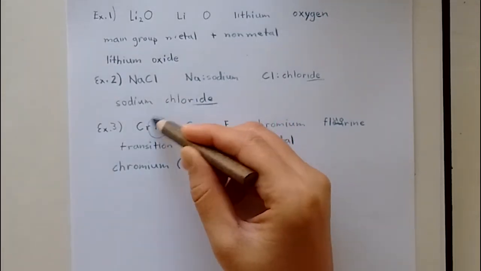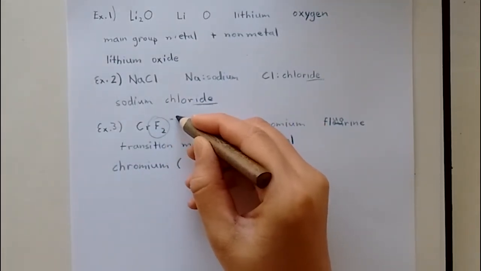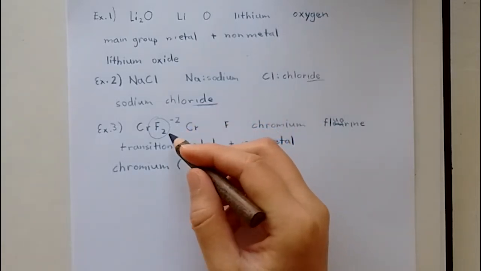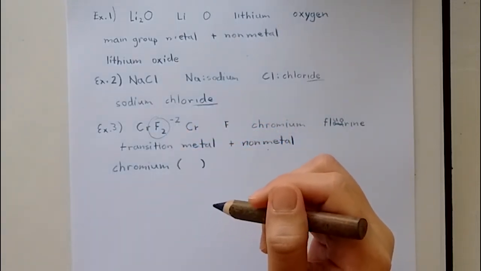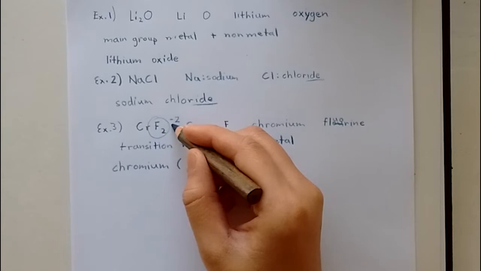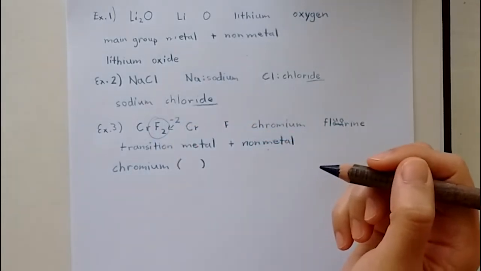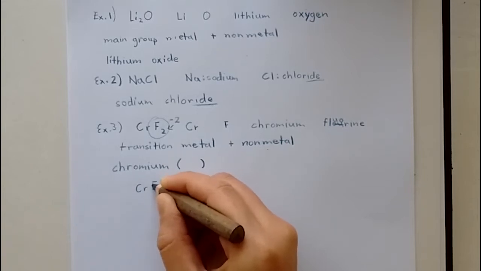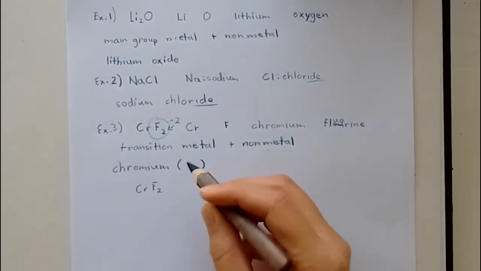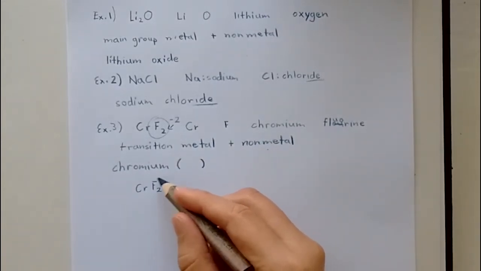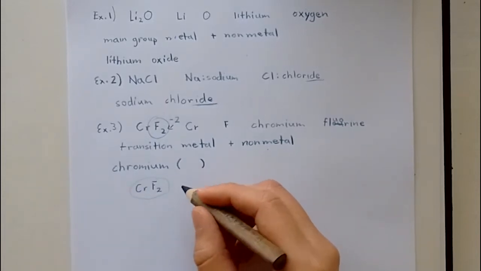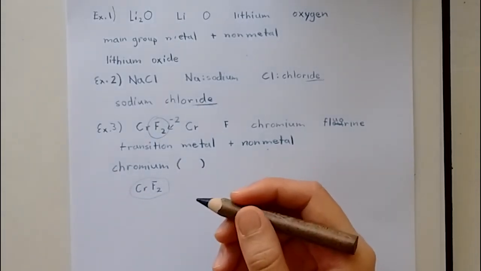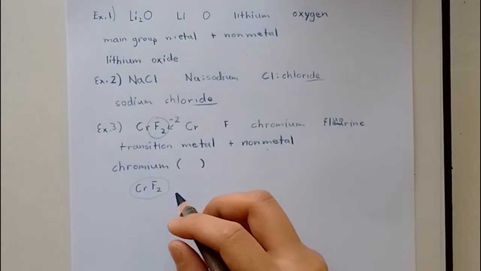So in total, we have a -2 charge from fluorine. And because the entire compound is neutral, remember, when we see nothing up here in the top right corner, the entire compound is neutral. It has a 0 charge.